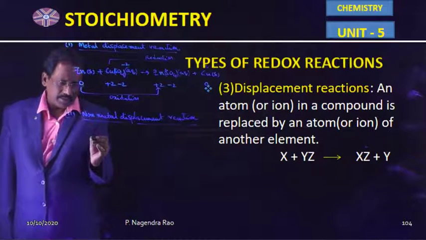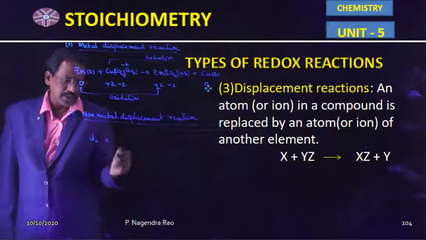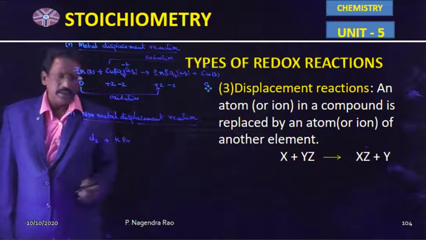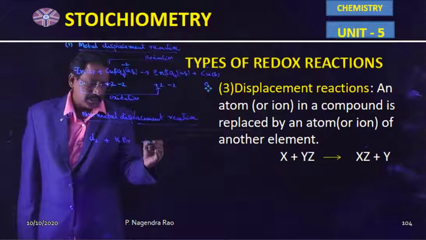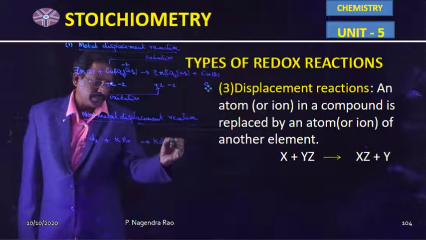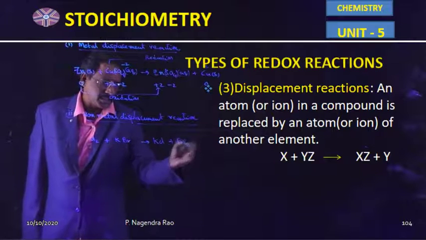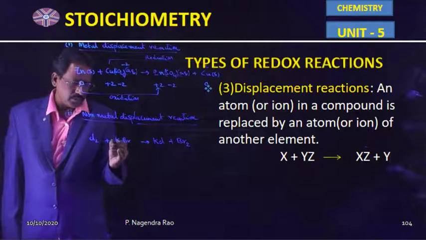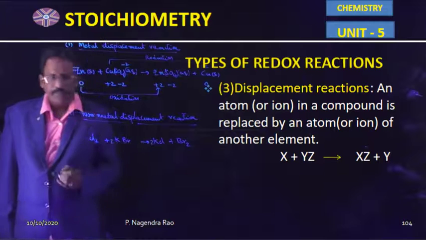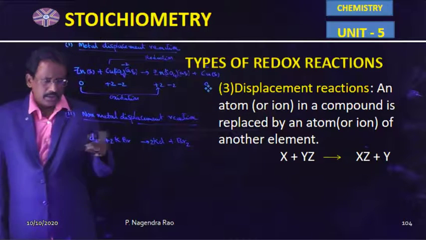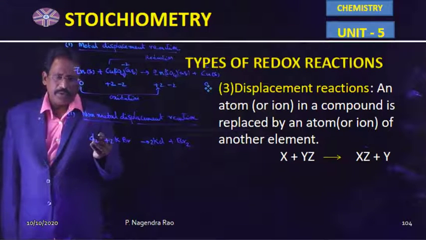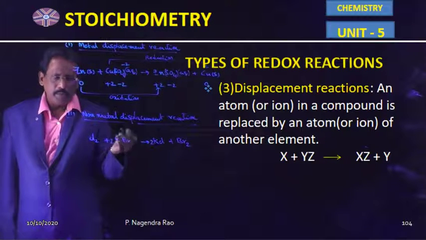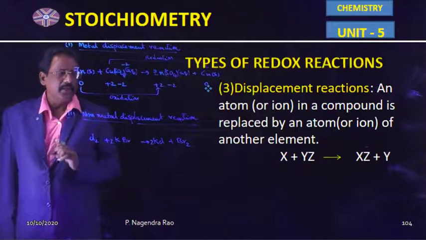For example, when chlorine reacts with KBr, KCl is the product here. Br- is converted into Br2. Among chlorine and bromine, chlorine shows more electronegative character. That's why bromine was displaced by chlorine.